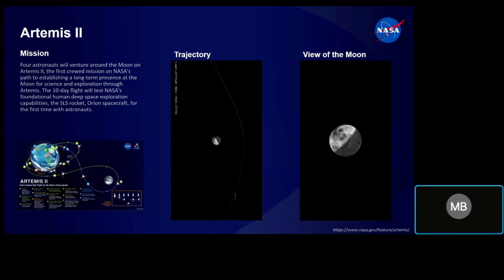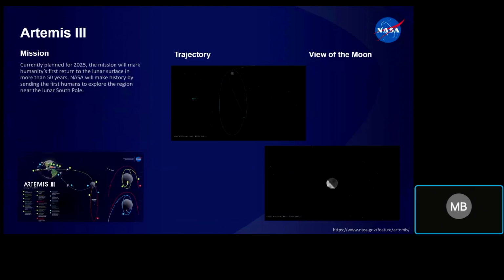So with the balance of the time, and I love the clock, by the way, let's go to the next slide and talk a little bit about Artemis 3. So we're using a very similar insertion trajectory that we saw for Artemis 2 into Earth orbit. We're not going to be doing a highly elliptical orbit on the second rev because we've already demonstrated the crew systems on Artemis 2.